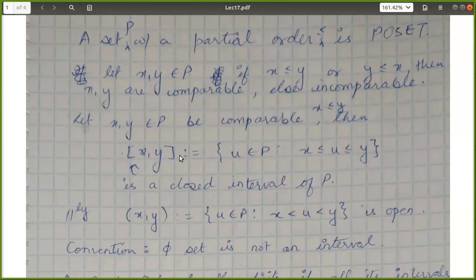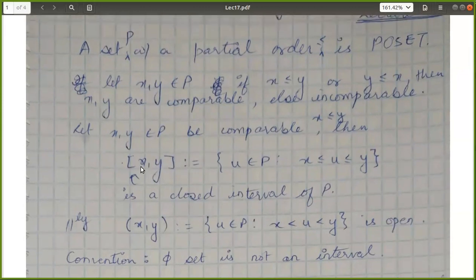Ma'am, here, what does the less than sign mean? The less than sign means that x is less than equal to y in the POSet. And in the second definition of open interval, the strictly less than sign means that x is less than equal to y, but x is not equal to y.